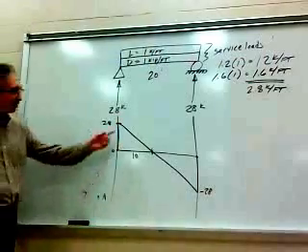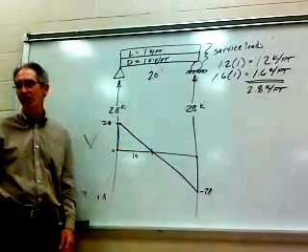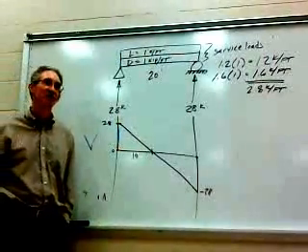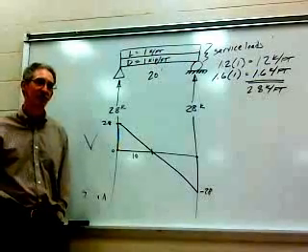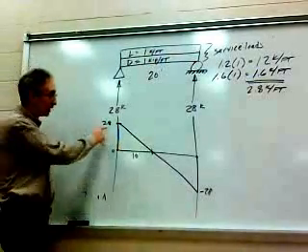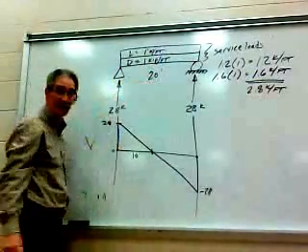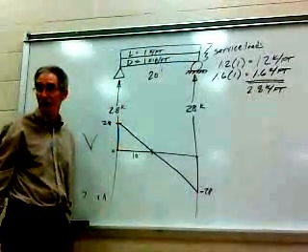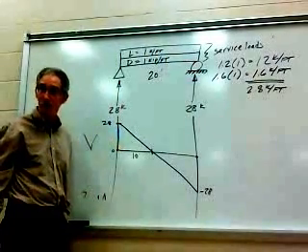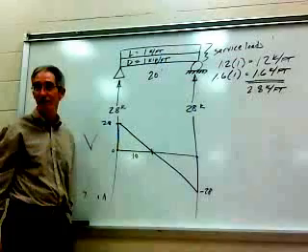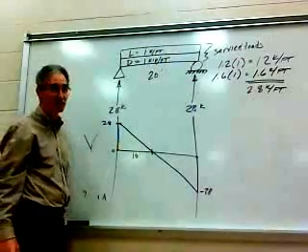Okay? How could I tell that this crossed 0 at the middle? 28 divided by 2.8 kips per foot. 28 kips divided by 2.8 kips per foot, 10 feet. All right?